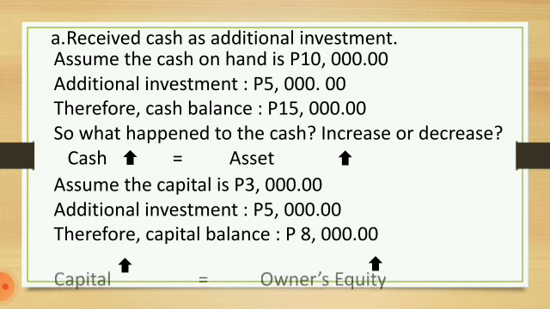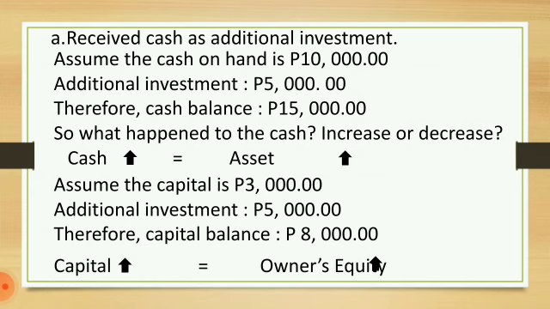Therefore, obviously, the capital is increased. Now, what element of the major accounts is capital? So capital is an element of owner's equity. Therefore, when your capital is increased, your owner's equity is also increased.